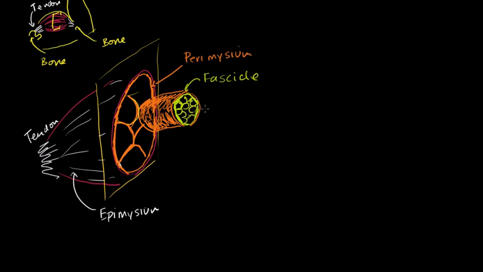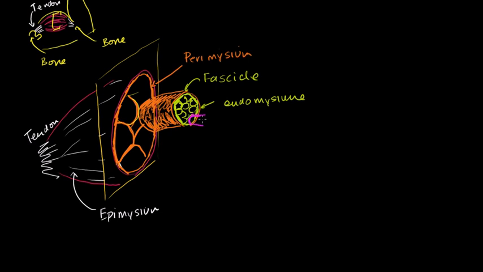So let me draw the endomysium. So all this green connective tissue is endomysium. And each of these things that are in the endomysium is an actual muscle cell. I'll do it in purple. So this thing right here, I can pull it out a little bit.